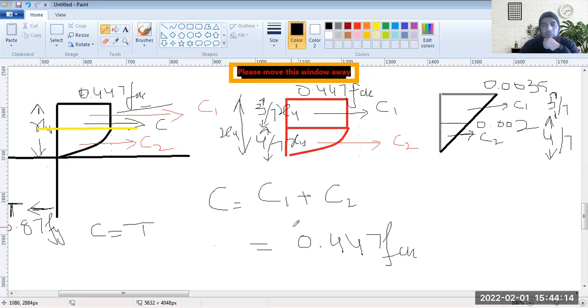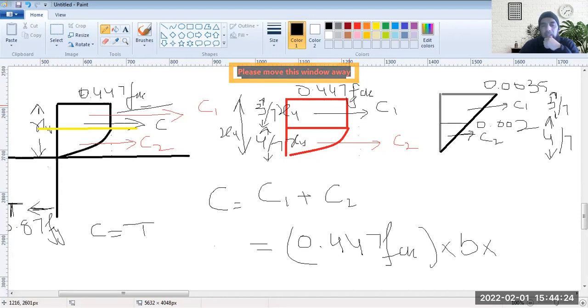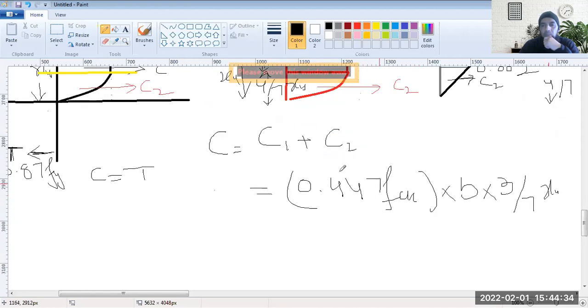This is your stress in this rectangular block. Then into B, your width of this rectangular block, but it's acting only over 3/7 of XU. So this is your C1.